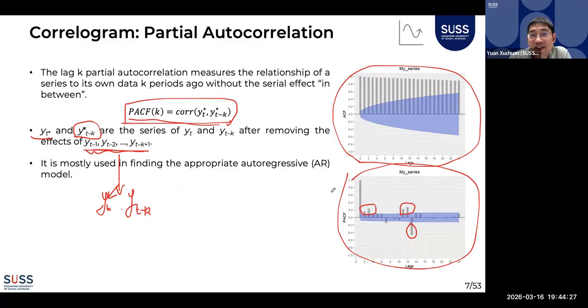Of course, later we will discuss the autoregressive (AR) model. For an autoregressive model with order p, the partial autocorrelation will cut off after lag p. So the ACF and PACF will help us determine whether we can use an MA model, an AR model, or an ARMA model to model a stationary time series.